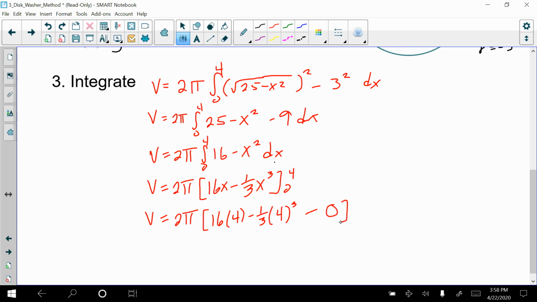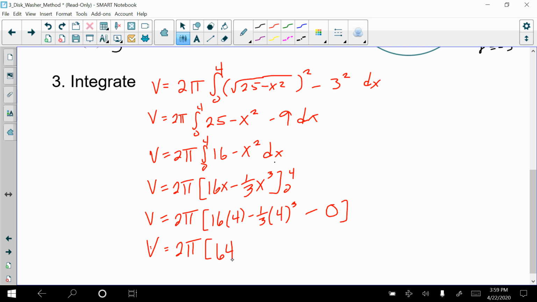Okay, so now we're going to get 16 times 4, which should be 64, and 4 cubed is going to be, let me just double check.